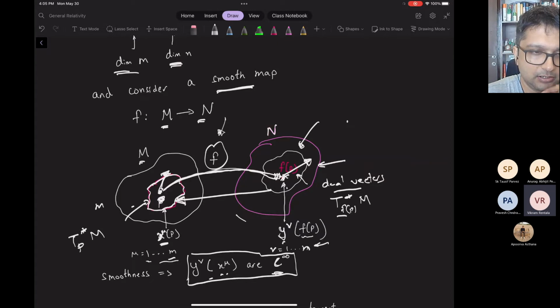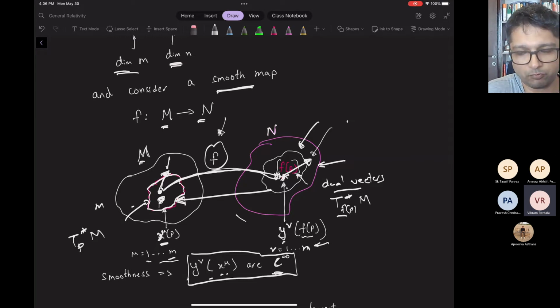Okay, so capital M could have dimension small m, capital N could have dimension small n, and these two could be different. And what we saw in the last class was that there is a natural mapping between the tangent space at a point P, which lives on this manifold M, and the tangent space at the point f of P, where f of P lives on this manifold N. This mapping takes you from a tangent vector here to a tangent vector here.